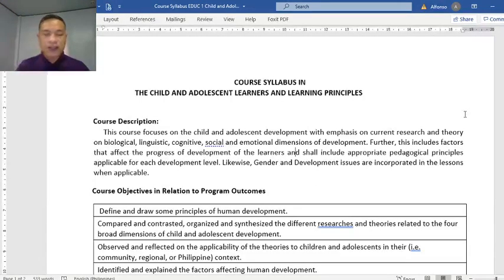Because we teachers are like vessels. We are like, you know, vessels that we need to always fill the cups of our students with reference to their need for knowledge, need for understanding, need for learning.